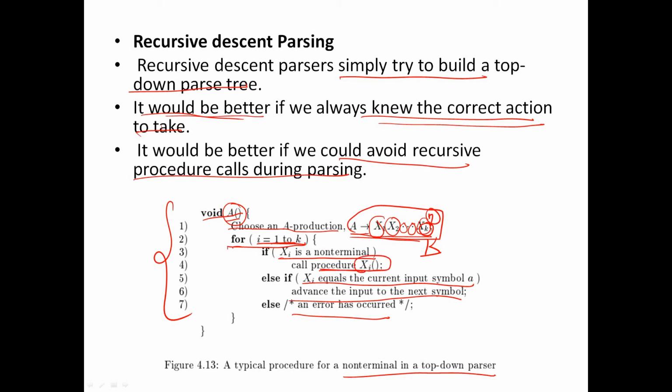If it is a terminal, then I check whether the input symbol is equal to a, meaning whatever symbol I collected. If both are equal, then advance the input to the next symbol. If not equal, then I get an error message, meaning the tree which I constructed is not equal to the expression which I chose. So this is one way of doing the recursive descent parsing algorithm to construct the parse tree.